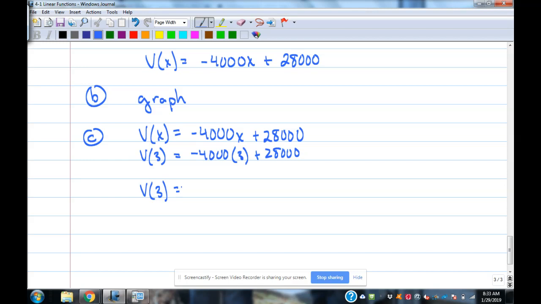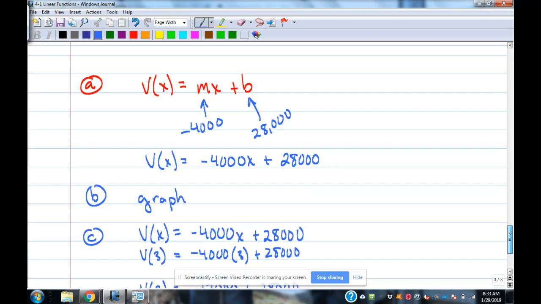So 3 times negative 4,000 is negative 12,000 plus 28,000. How much? $16,000. So after 3 years, those cars are worth $16,000 apiece, for our accounting purposes. So nice, easy thing.